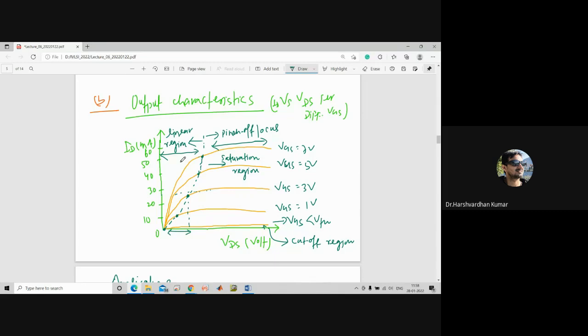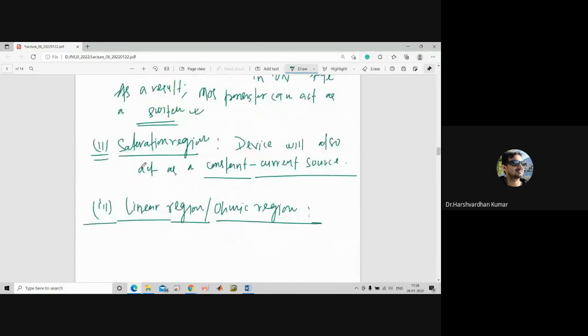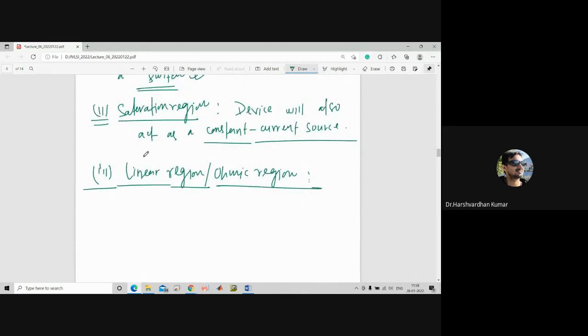Because with respect to the drain to source voltage, the current is linearly varying, right? So in the linear region, or ohmic region, the MOS transistor will act as a variable resistor.